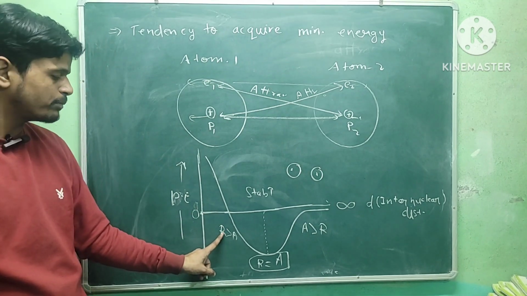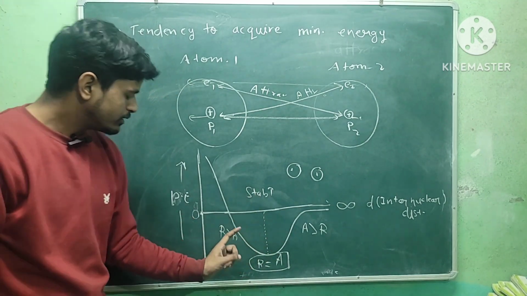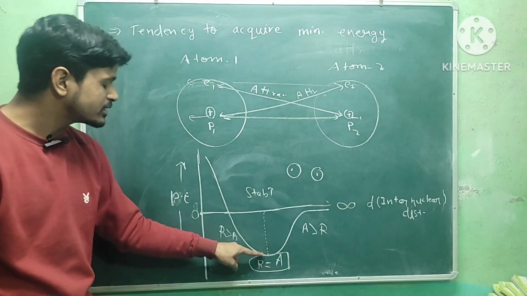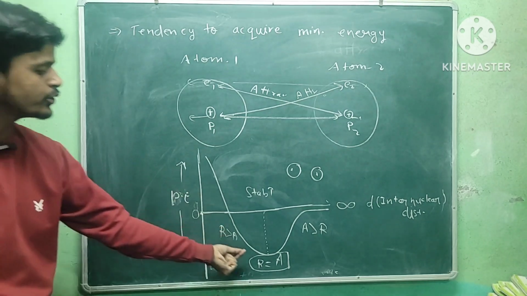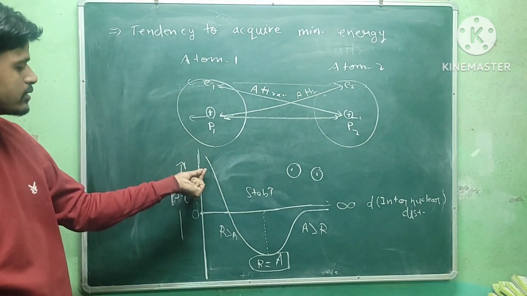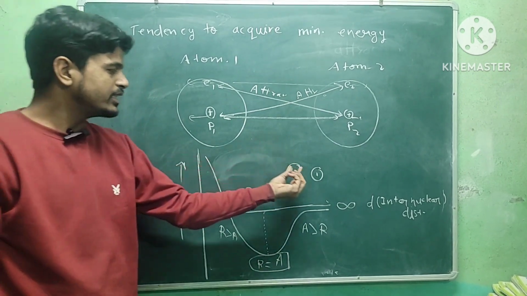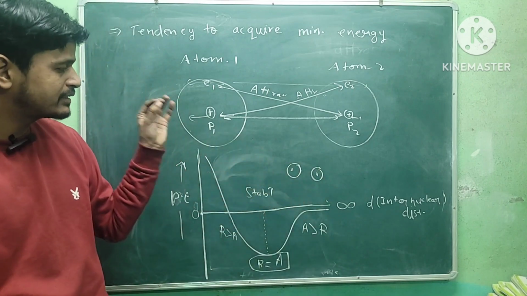Here repulsion will dominate, and net stability will decrease, and potential energy starts increasing. Here you can see that it starts increasing, and it approaches some finite value, but it cannot be possible to make the internuclear distance between two atoms exactly zero.